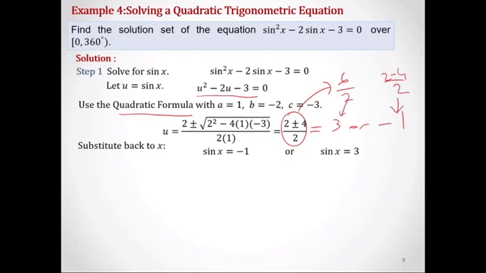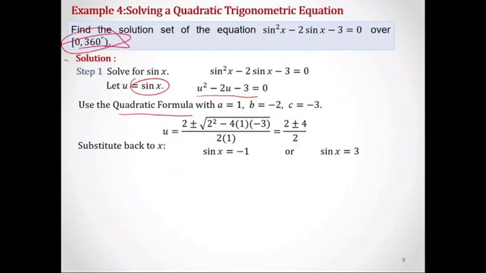So in this case, u is sine x, we know. Instead of u, we say sine x equal to minus 1 or sine x equal to 3. So we have these two cases, and we want to solve these on this interval.